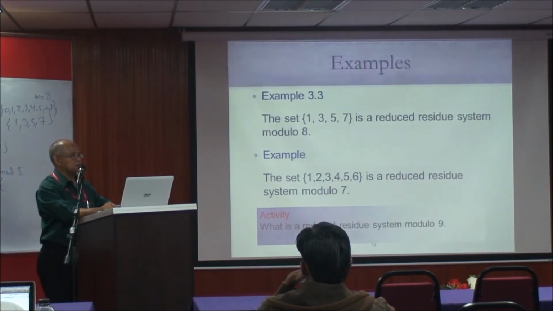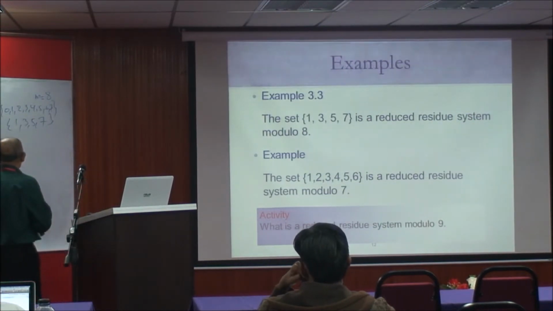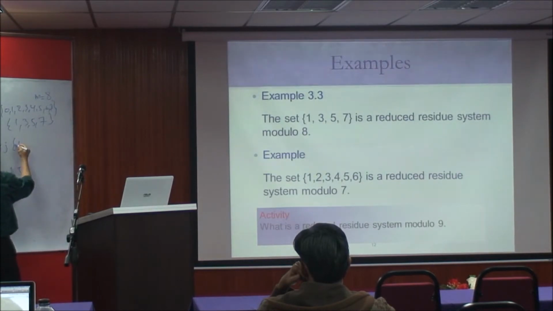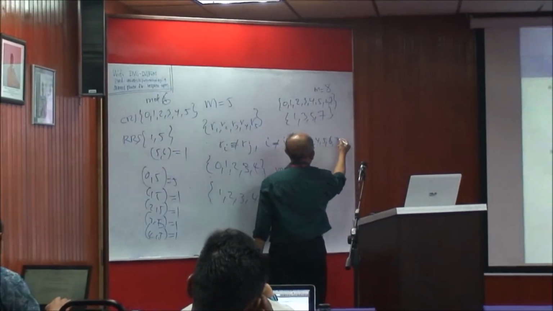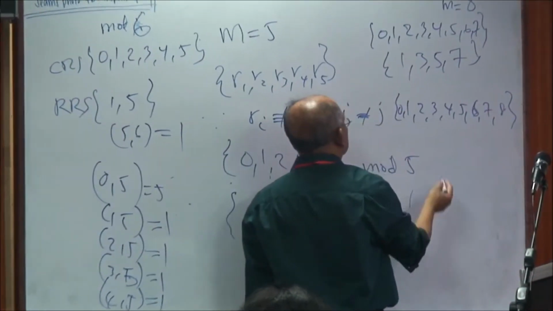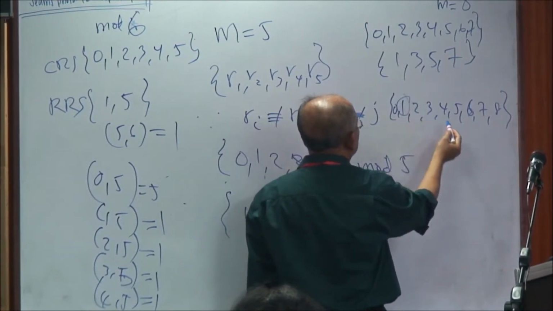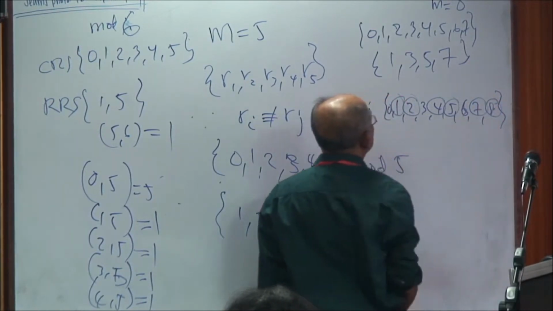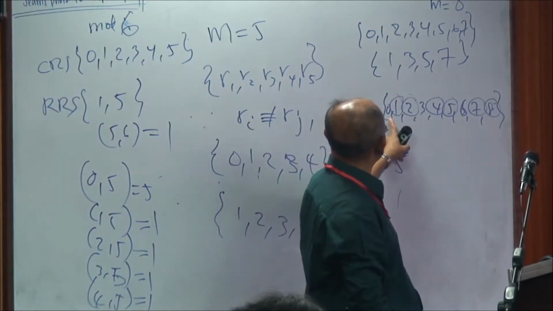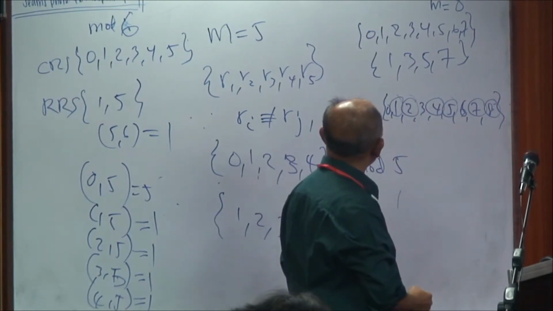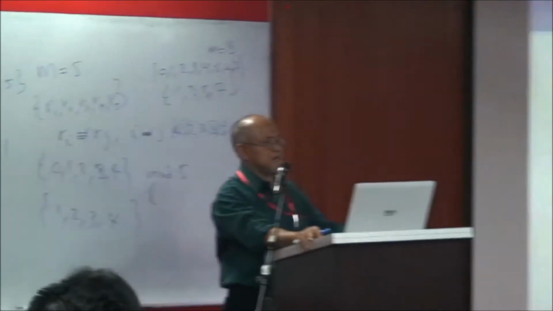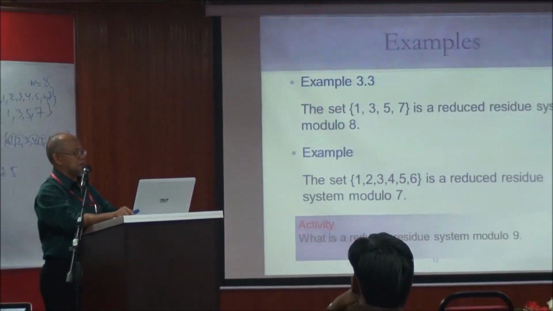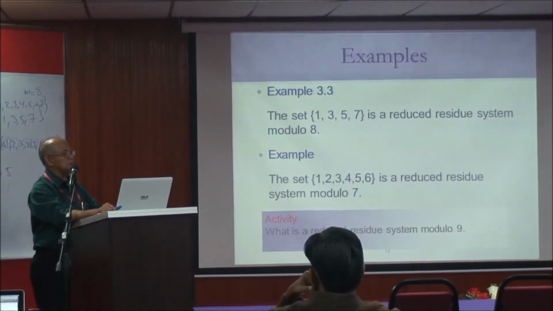Yes, the reduced residue system modulo 9, from the list of integers from 0 to 9. The only ones which are prime to 9 are 1, 2, 4, 5, 7, 8, except 3 and 6, and 0. The rest are relatively prime to 9. So we have 6 elements in the reduced residue system modulo 9.